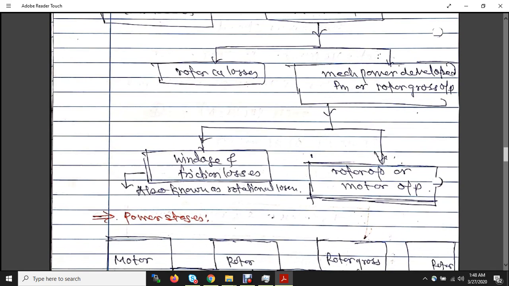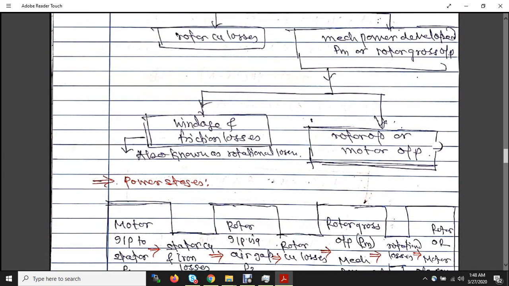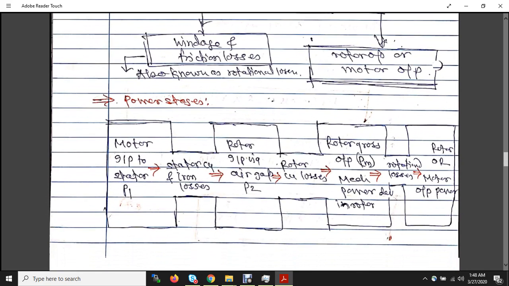The same power flow tree can also be explained in another way. Now let us see the power stages. The motor input to the stator is P1, and if we subtract from this the stator losses, like stator copper loss and iron loss, we will get the rotor input via air gap. From this, if we subtract the rotor copper losses, we will get the rotor gross output or the mechanical power developed in the rotor, PM.